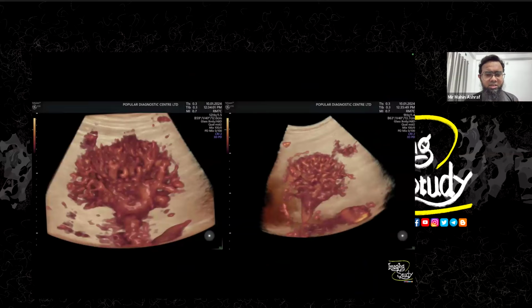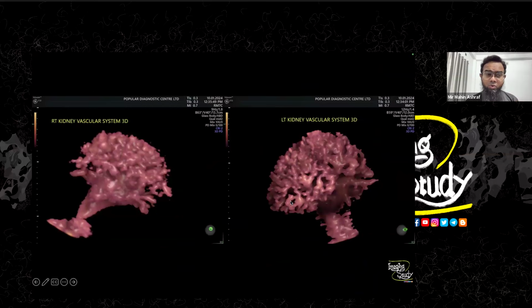But we reconstructed it, and now the picture looks like this. And after more reconstruction, we can see the renal vasculature with this tree-like appearance. So these are the newer innovations going on all over the world. If you practice a lot, then when these options get easier in the near future, you'll be the boss.